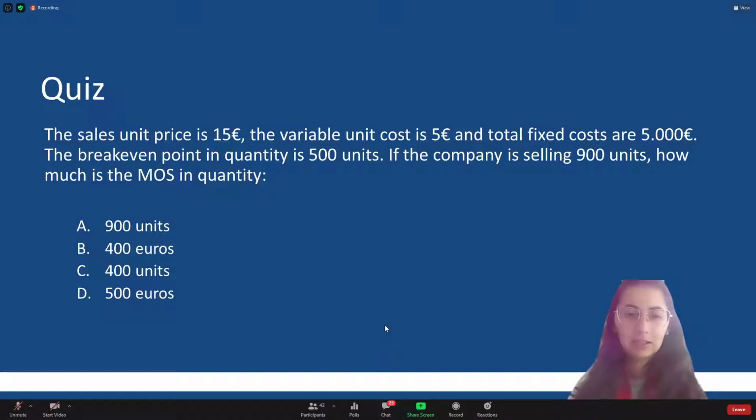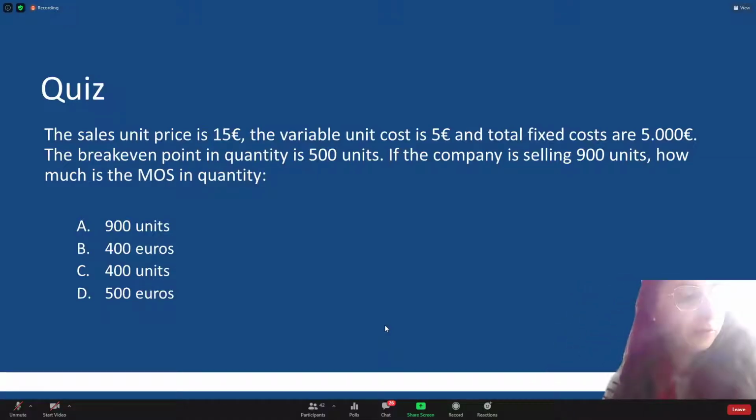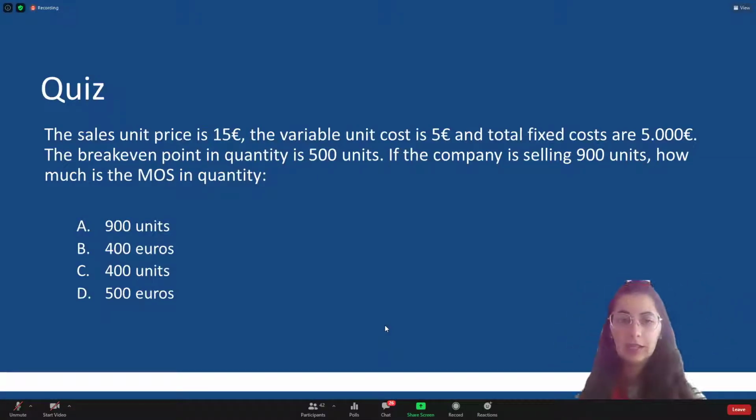So have your calculators at hand. Sorry, Professor, I don't have the options to select. You don't have options to select?